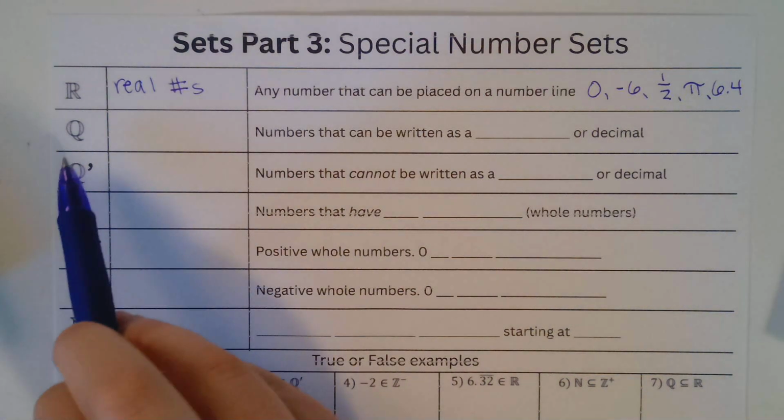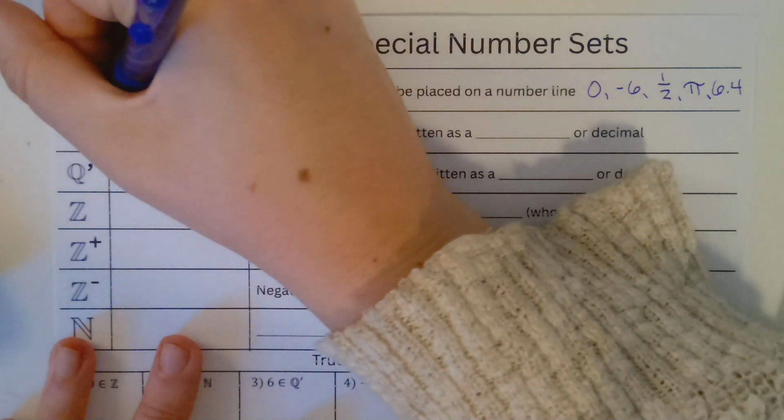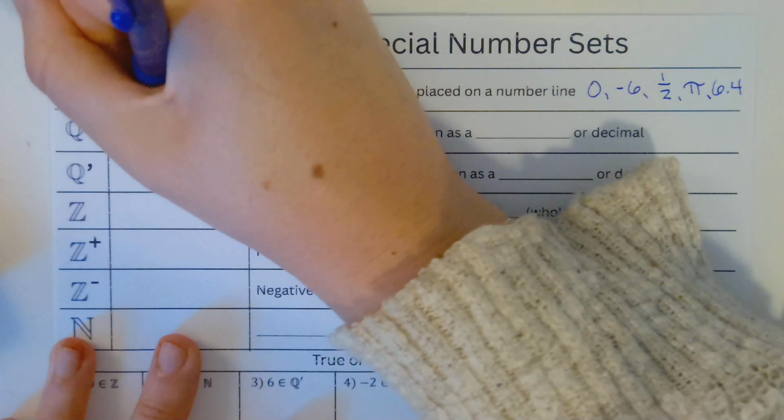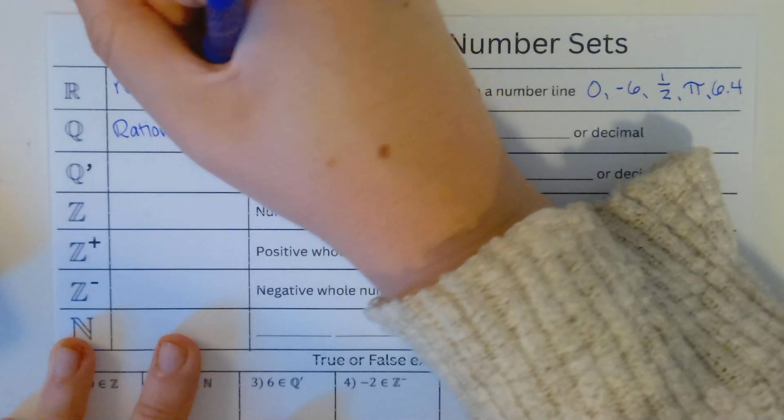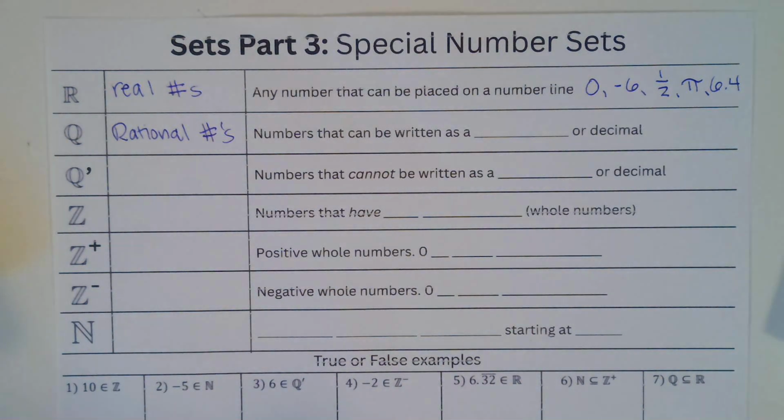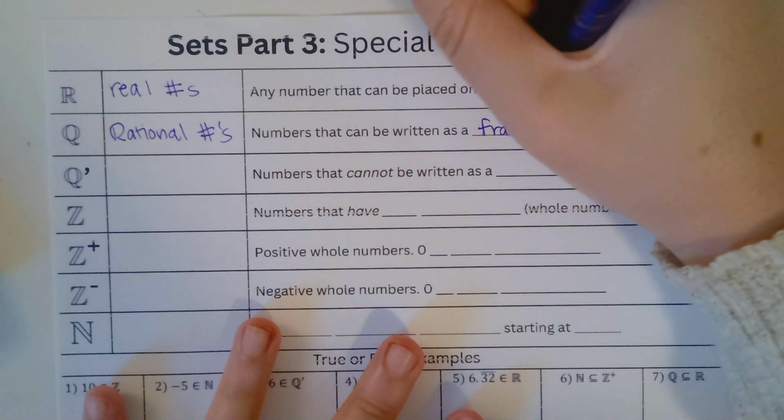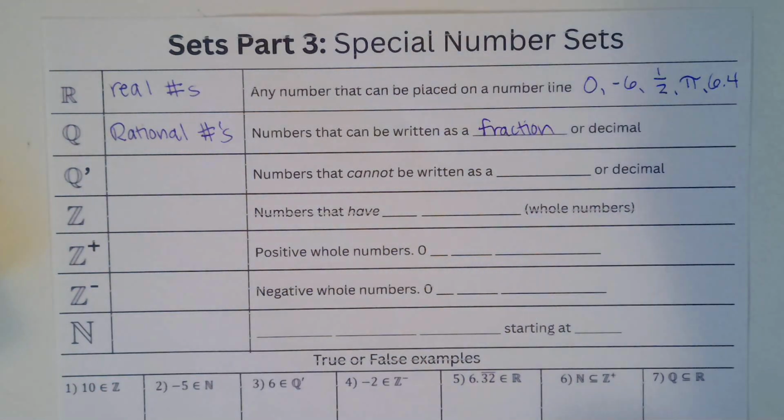After that, we have this Q looking one. These ones are called rational numbers. If you're thinking, why is it labeled as a Q if it's rational numbers? It's because the R was already taken by the real numbers. So that's what we got cooking there. Rational numbers are numbers that can be written as a fraction or a decimal.